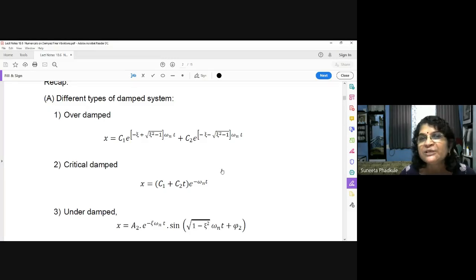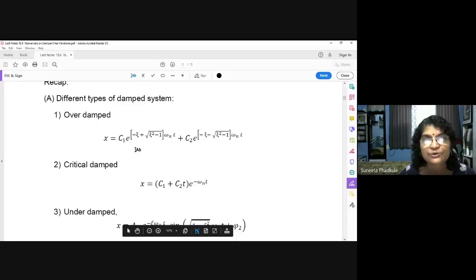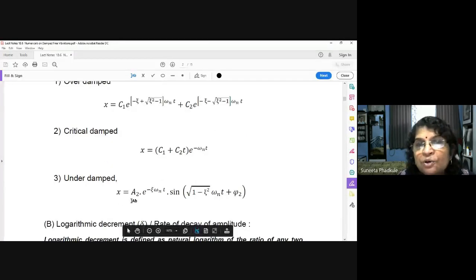X is equal to C1 e raised to S1t plus C2 e raised to S2t. Then critically damped: X is equal to (C1 plus C2t) into e raised to minus omega nt, because here the value of zeta is 1. And for under damped, X is equal to A2 e raised to minus zeta omega nt into sine of (omega d t plus phi 2).